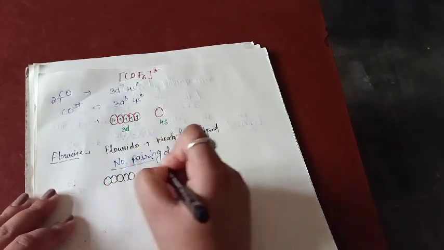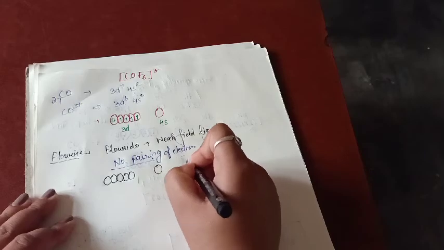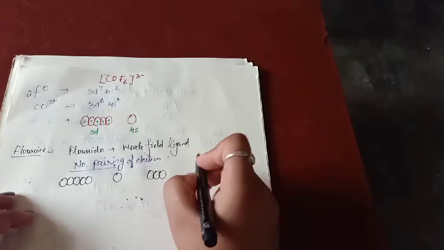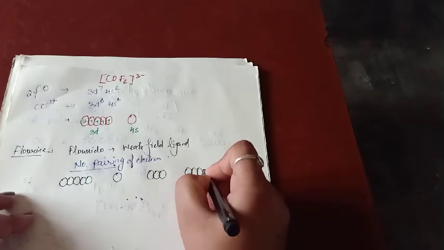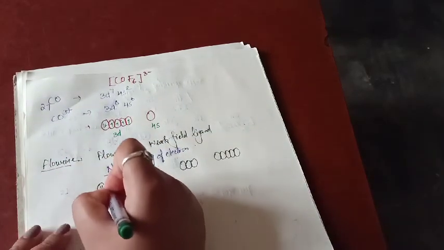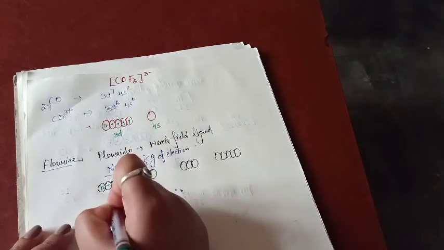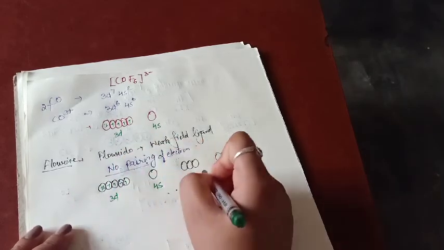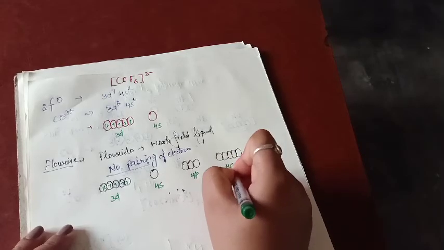You can see 4s, 4p, and next will be 4d. So I am going to fill the electrons here: 1 2 1 1 1 1. This is 3d. 4s is totally vacant, 4p is vacant, 4d is vacant.